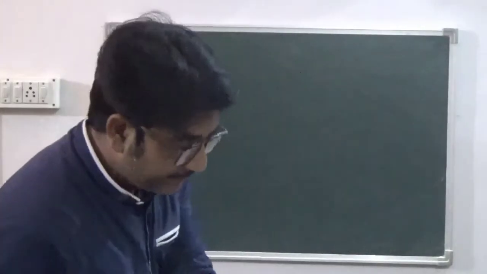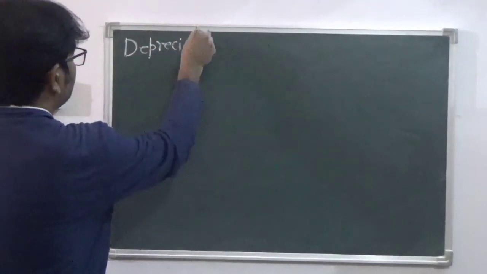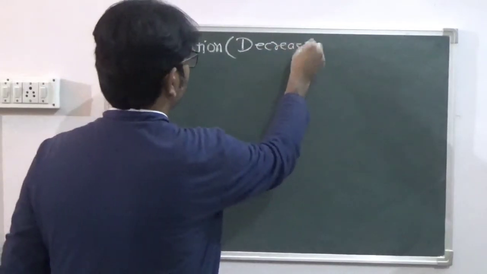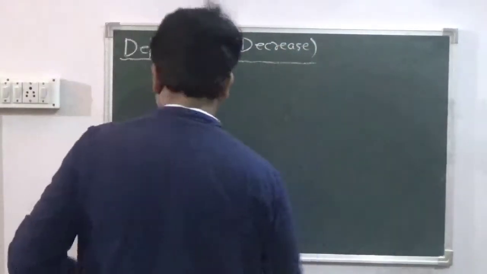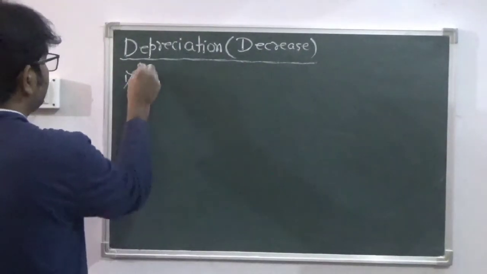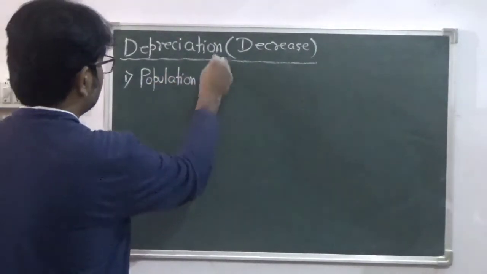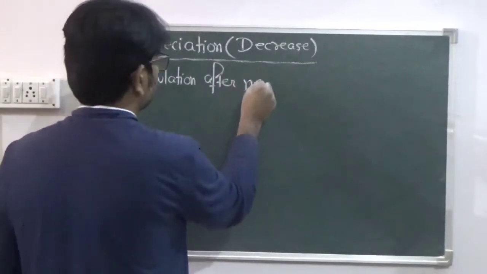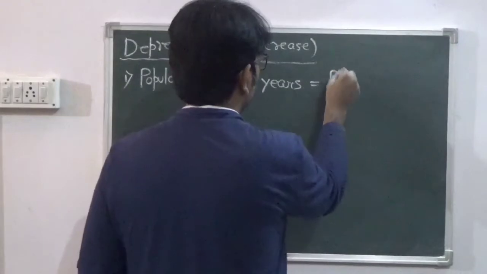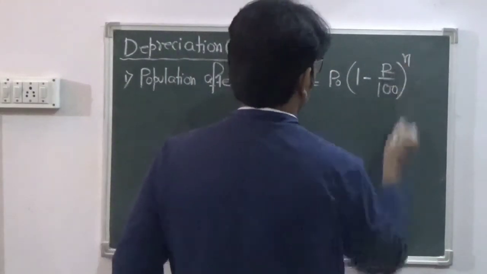Next one is for depreciation or decrease. So in this case you write population after n years is equal to P0 into (1 minus R by 100) to the power of n.